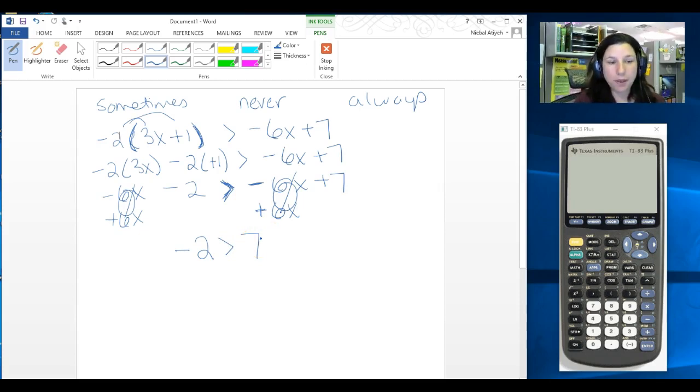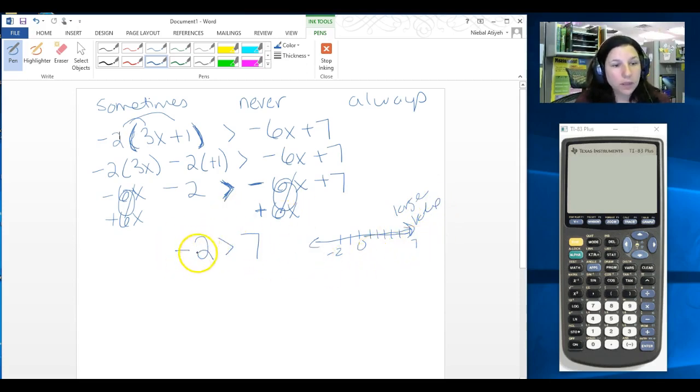So simplified as much as possible, you need to ask yourself, is the value of negative 2 greater than 7? Is that a true statement? And it is not. 7 is a higher value than negative 2. If you take a look at where they are on the number line, 7 is further to the right. It's a higher, larger value. So 7 is greater than negative 2, not the other way around.